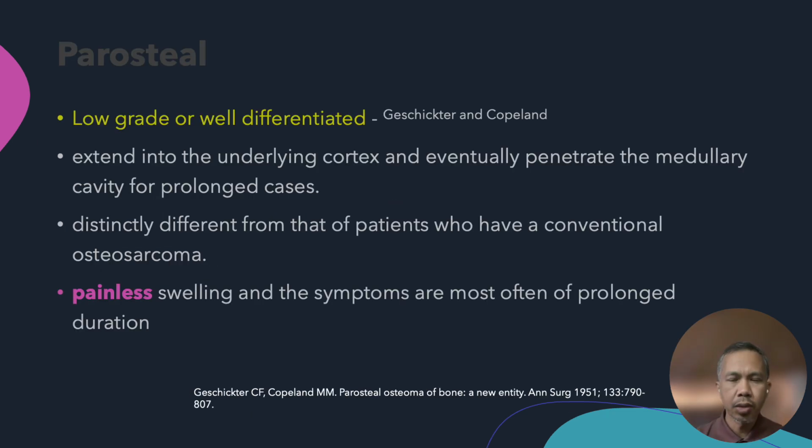The behavior of parosteal is generally low grade. Commonly, these are painless and therefore sometimes patients who have these do not consult, and the lesion may extend into the cortex and penetrate the medullary cavity. However, medullary involvement does not connote poor prognosis.